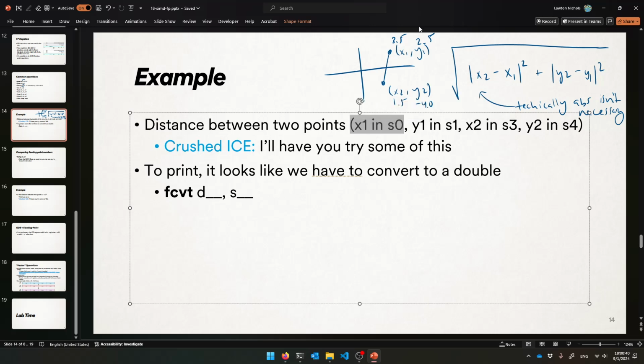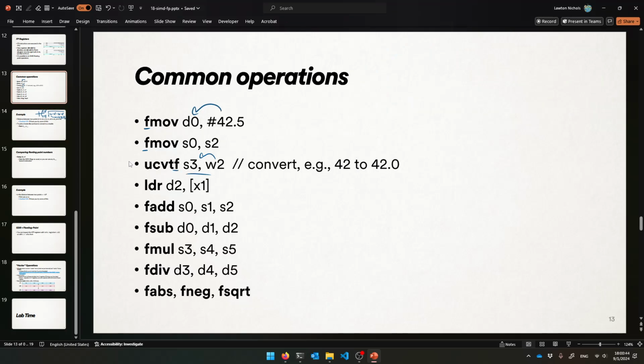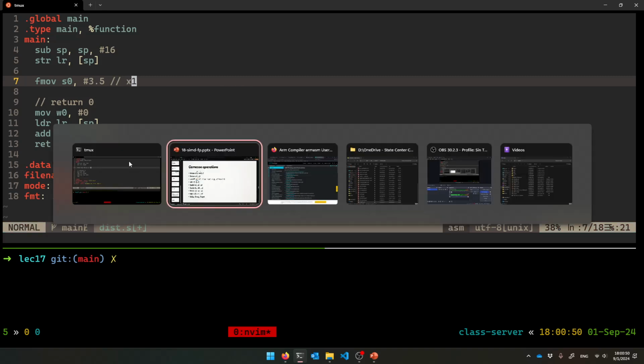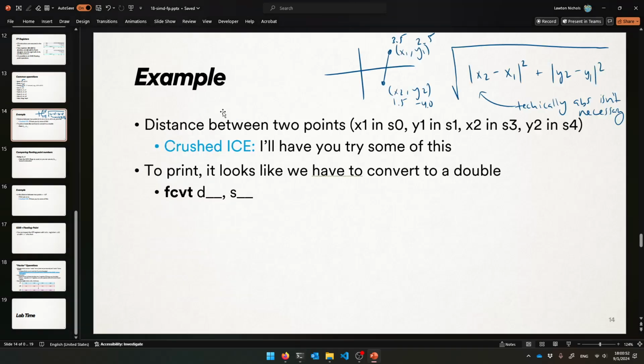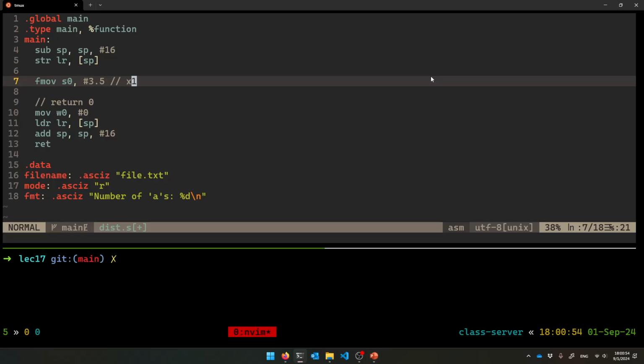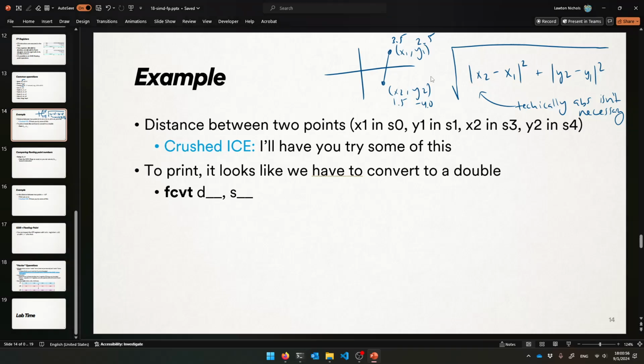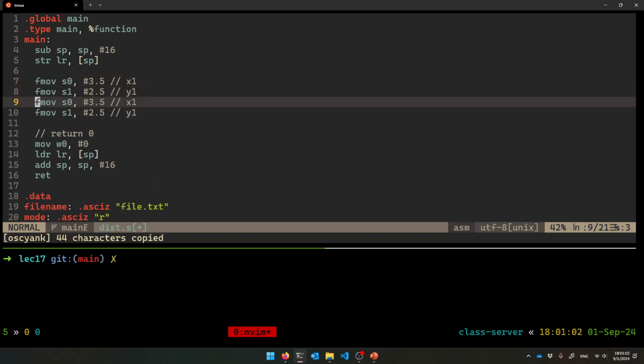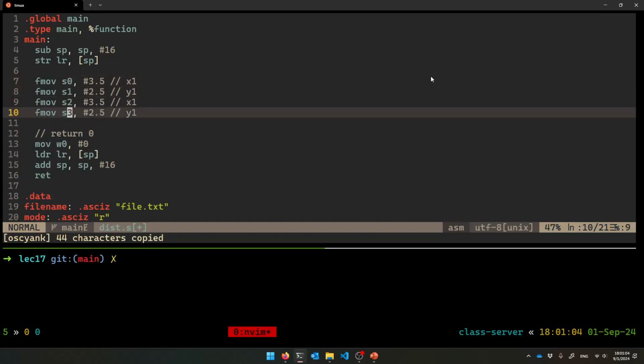Now let's move our example coordinates into these registers. We'll put x1 in s0, so I'm going to f-move into s0, 3.5. That'll be my x1. And then my y1 will be 2.5, and that's going in s1. Then I'll do the same for s2 and s3, right?